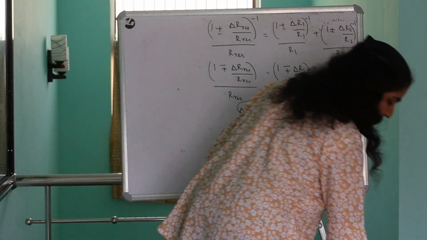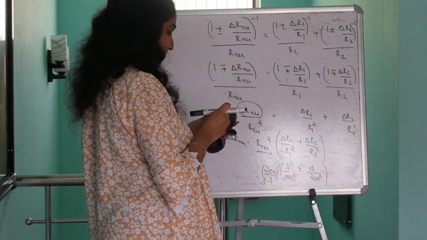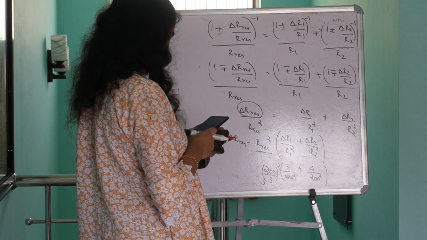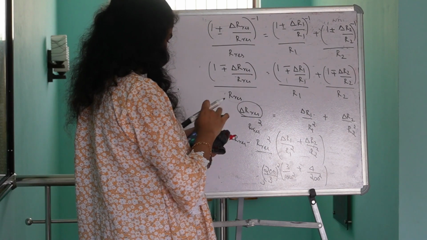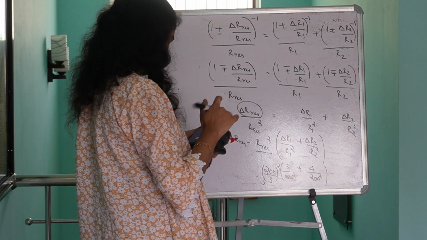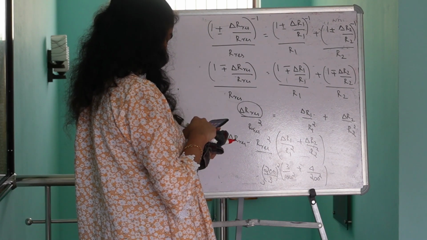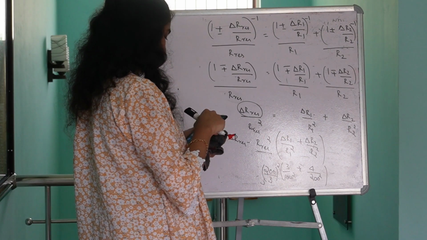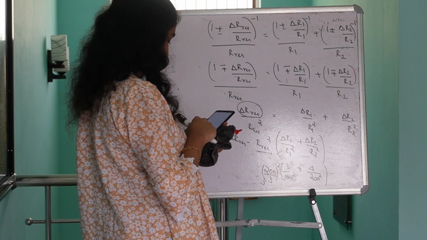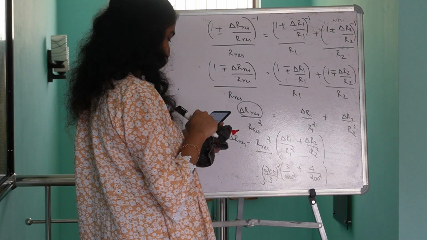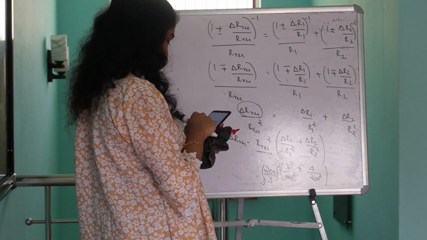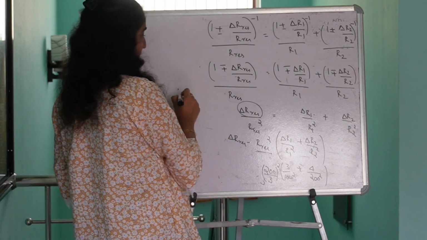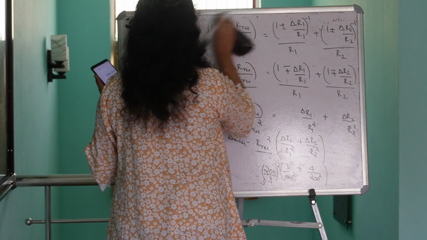Now let's find what each term is equal to. 200 divided by 3 square. So I got the value. Let me rub this.